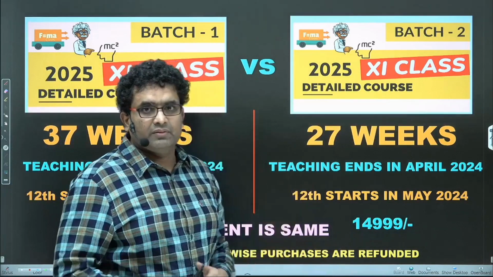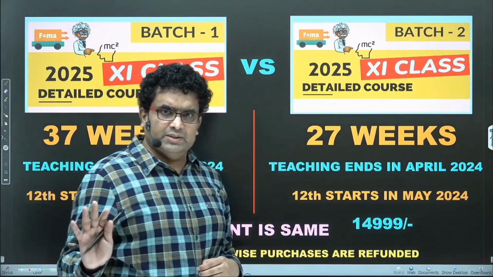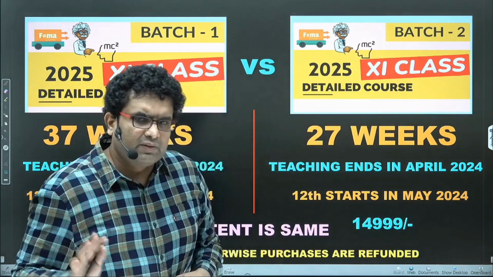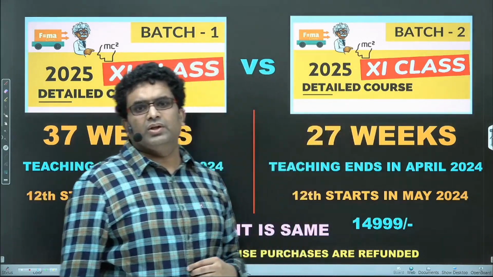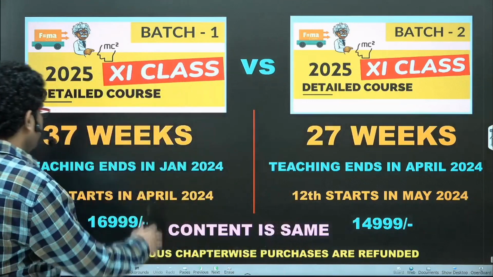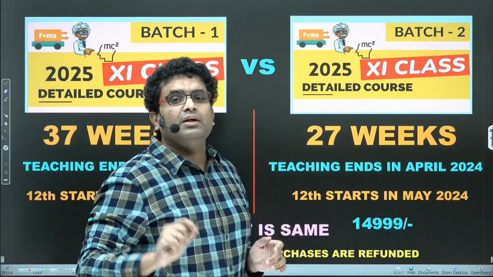Whereas imagine you're completely new, you have not made any of the previous chapter-wise purchases, or you made 1 or 2 chapter-wise purchases but you want to start fresh, then batch 2 is the choice for you, wherein the same 37-week content has been compressed without reducing the number of lecture hours.